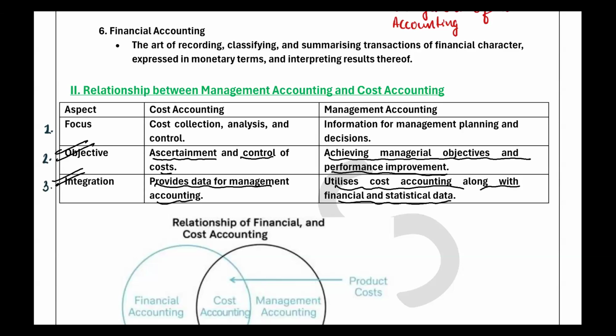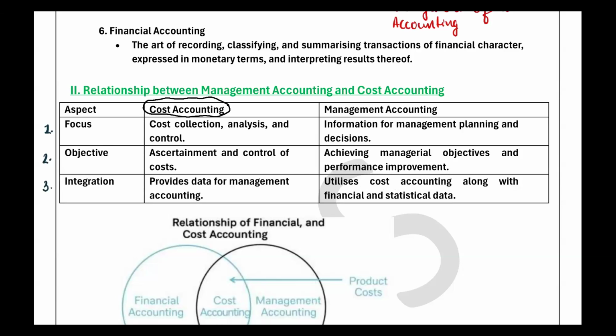Basically, I want to add that for having cost accounting, like cost management, you need a cost accountant. There is a cost accountant also in the market, right? For making your balance sheet in financial accounting, to summarize and classify, a CA is needed.